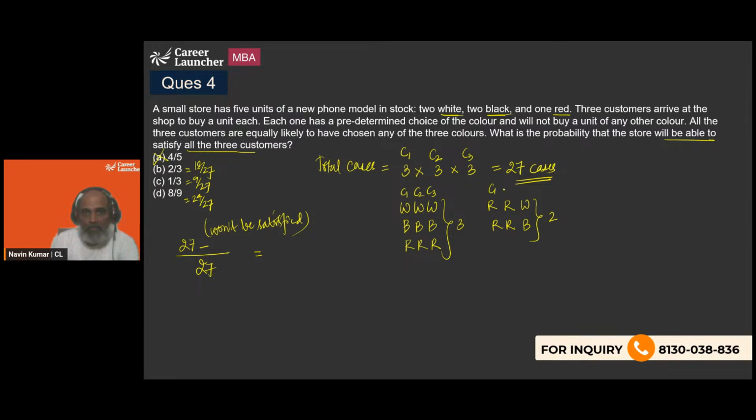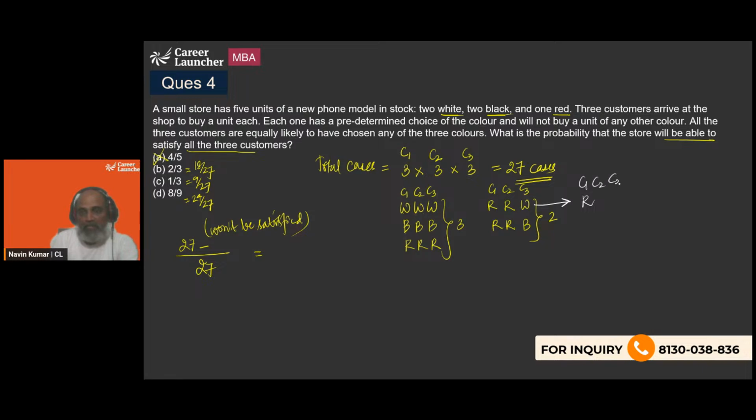Or we have C1, C2, C3 where C3 needs a white and C1, C2 need a red, or whether C2 needs a white and C1, C3 need a red, these all are different cases, right? So if I look into this, its total 3 cases will be made.